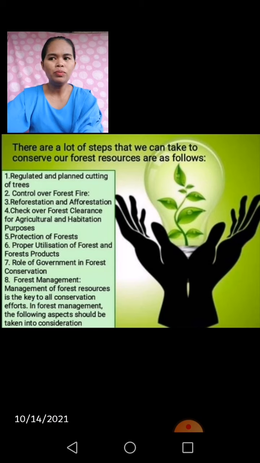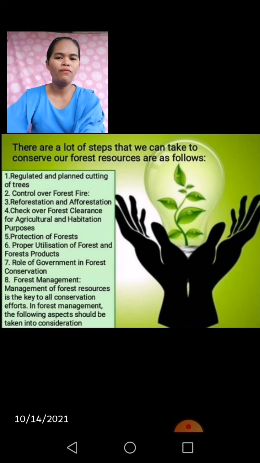A forest policy is a purposeful course of action or inaction undertaken by an individual or an organization that is dealing with a concern regarding the use of forest resources.